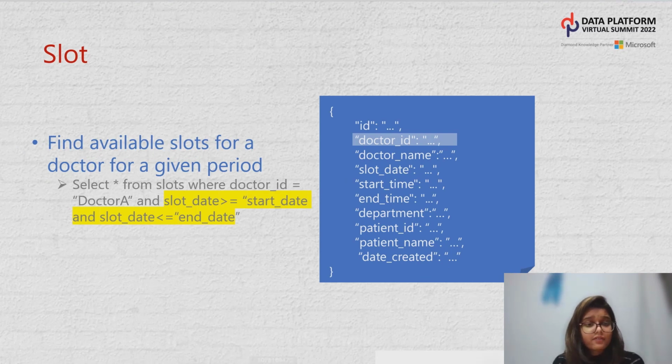Next query is find available slots for a doctor in a department for a given period. So we are querying by doctor ID, and we are touching a single partition, but there can be hundreds of slots in a partition, and we are filtering those slots by the given time period.